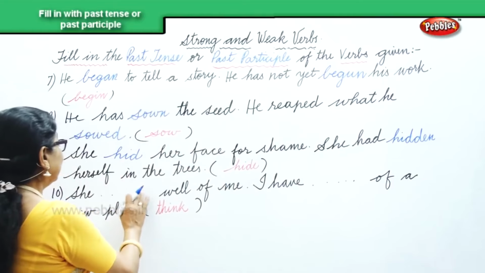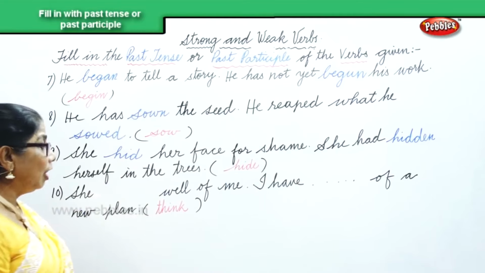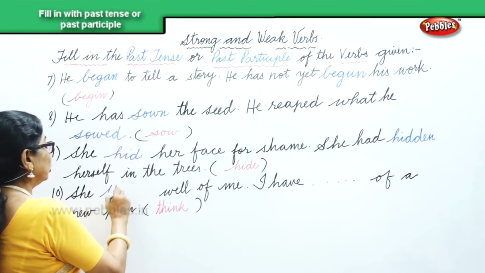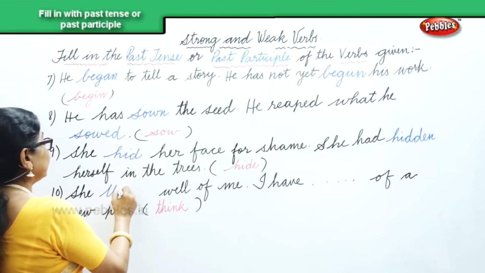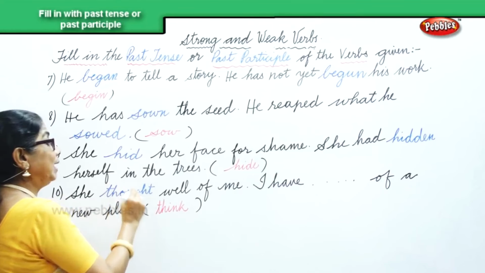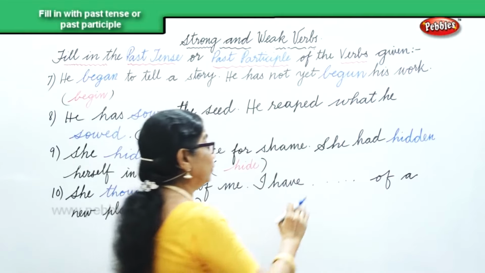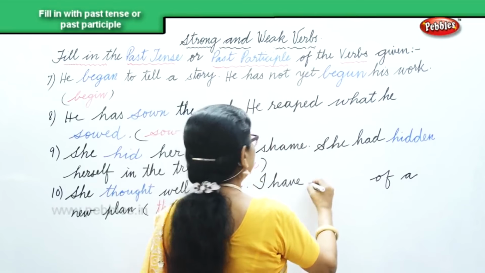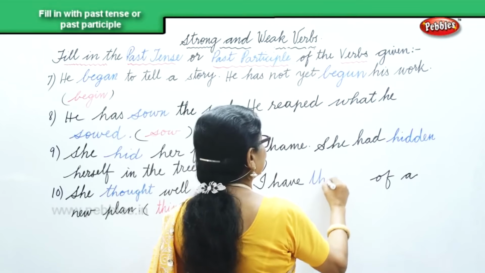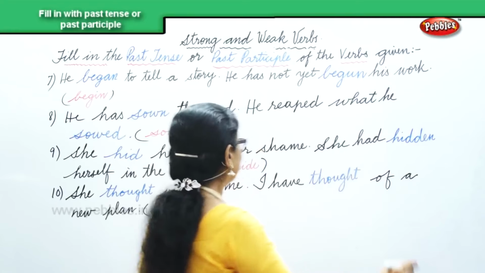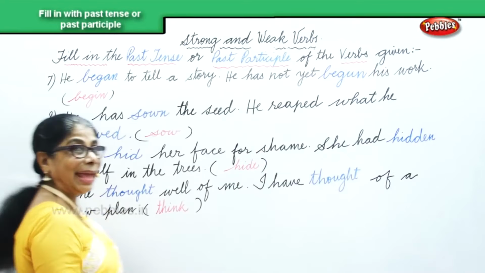Now, she thought well of me, past tense. And I have thought of her. So both past and past participle have the same spelling. I have thought of a new plan.